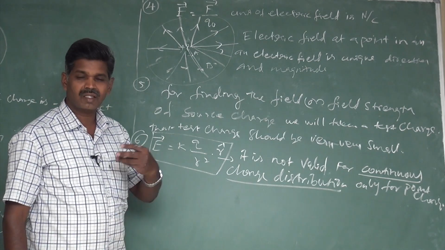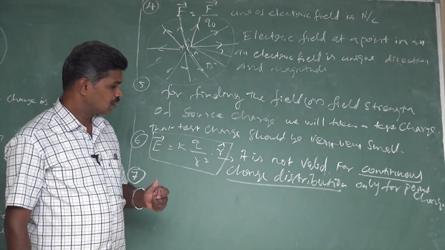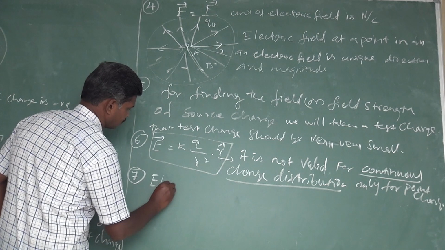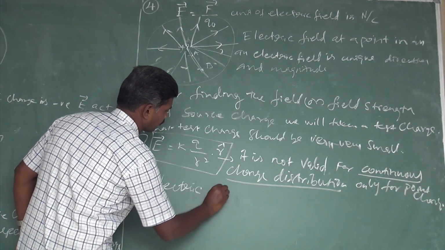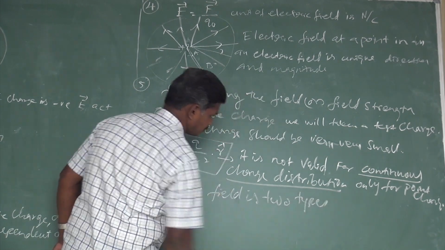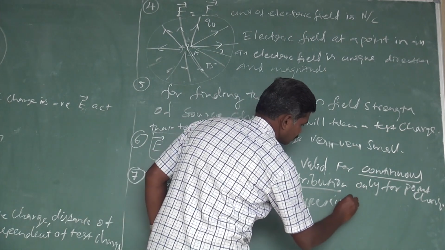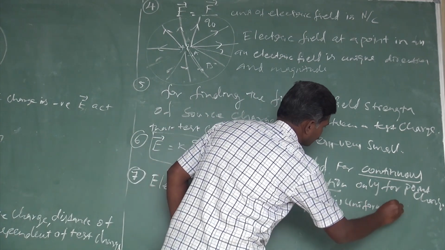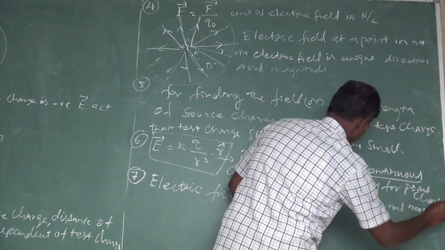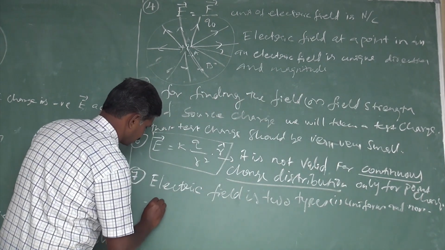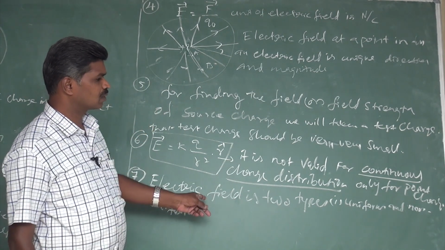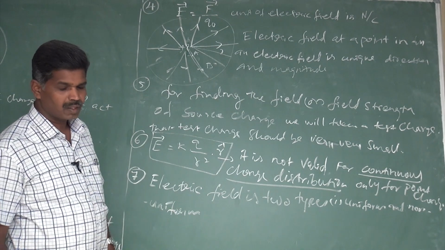Electric field also has two types: uniform electric field and non-uniform electric field.